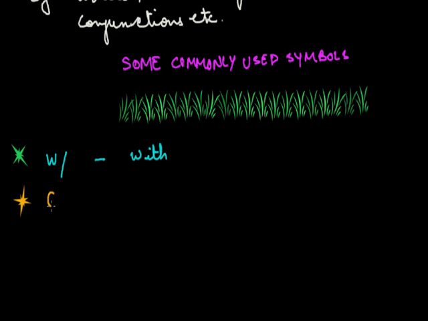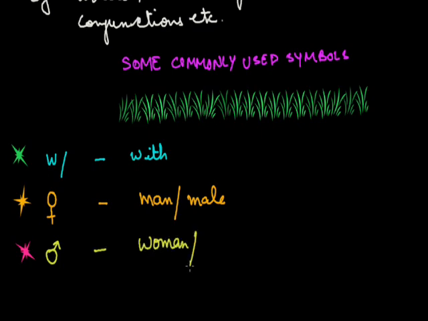Second, see how interesting, this symbol is used for man and male. Then the third one is for woman or female. And last but not least is the arrow, which means this leads to.